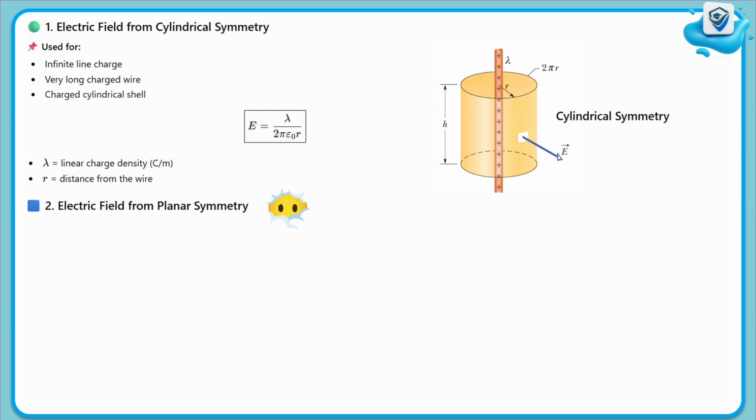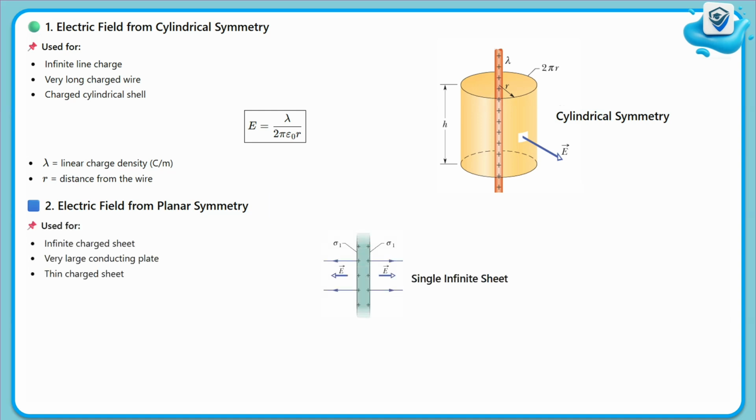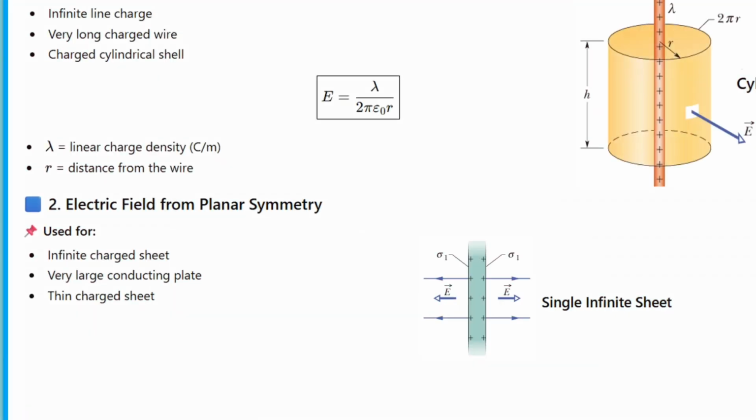Now let's move to planar symmetry. This model is used for an infinite charge sheet or a very large conducting plate. The electric field is perpendicular to the surface and has the same magnitude everywhere.